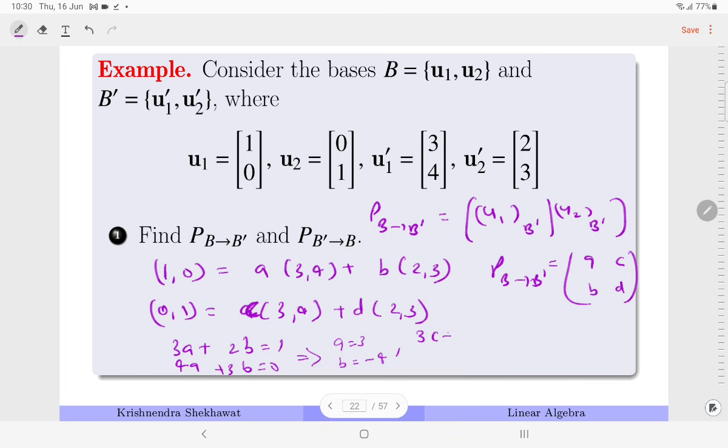Similarly, 3c plus 2d and 4c plus 3d is equal to (0, 1). Solving them gives you c is equal to minus 2, d is equal to 3, and therefore your required P from B to B dash is [3 -4; -2 3].